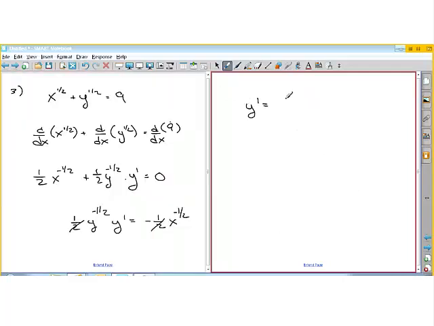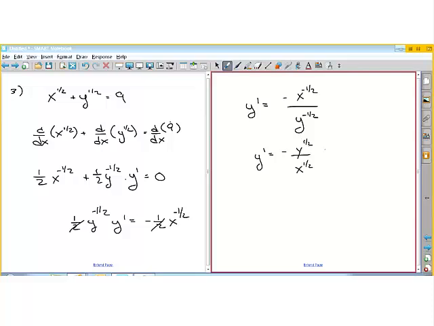So solving for y prime, you get negative x to the minus 1/2 divided by y to the minus 1/2. And then you can switch them around, because moving this to the numerator it becomes x to the 1/2, and this one going up to the top becomes y to the 1/2.